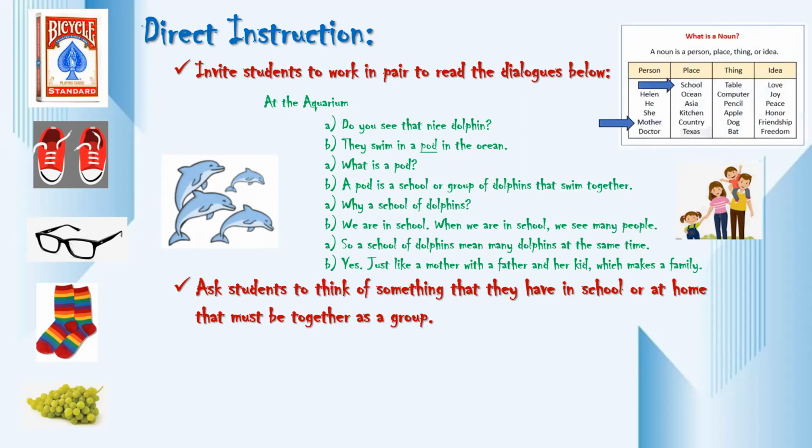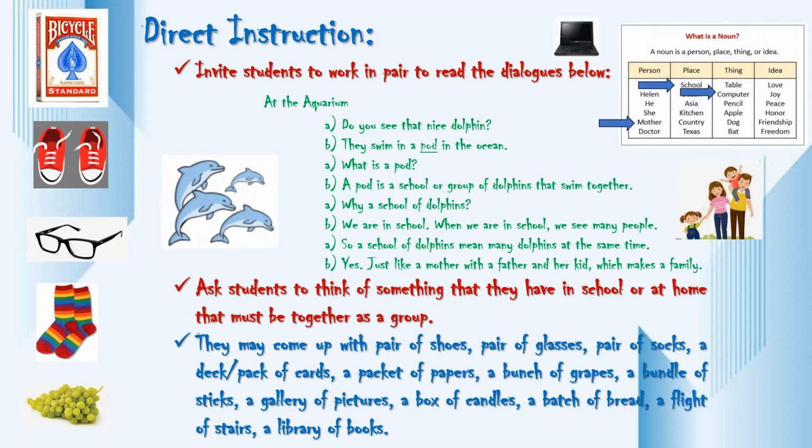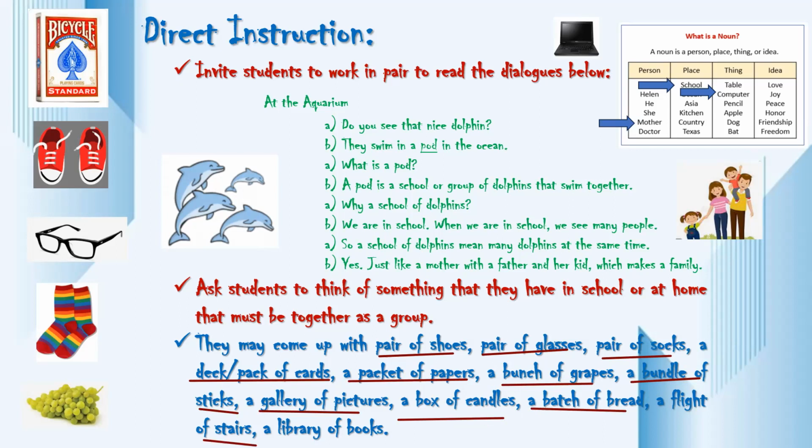They might come up with words like a pair of shoes, a pair of glasses, a pair of socks, a deck or a pack of cards, a packet of papers, a bunch of grapes, a bundle of sticks, a gallery of pictures, a box of candles, a batch of bread, a flight of stairs, and a library of books.